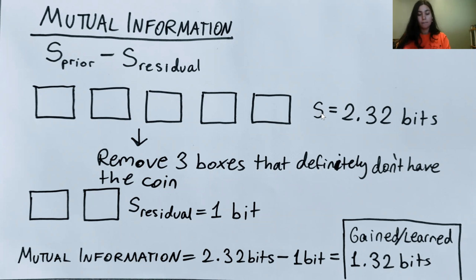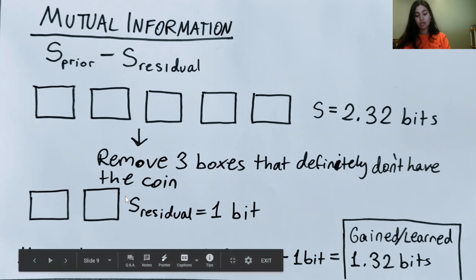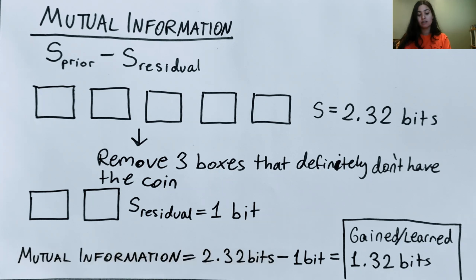2.32 bits. But then if we narrow down the choices to 2 boxes instead of 5, we could then calculate the uncertainty of this new situation, which has 2 options of equal probability, and find that it is 1 bit. So then the mutual information is described by the formula prior uncertainty minus residual uncertainty.